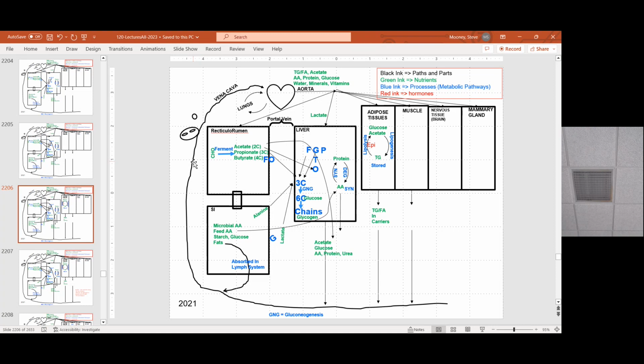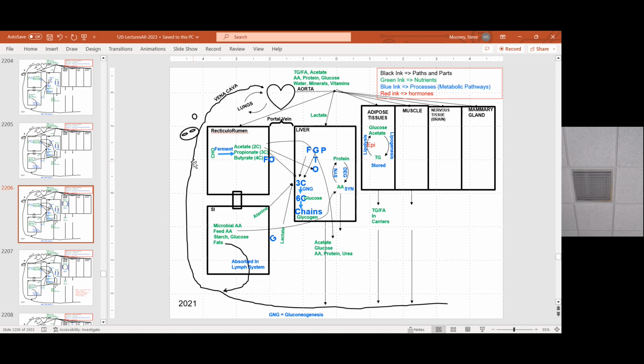So things related to fat tend to be done outside. Most of the fat manufacture in cows is in the adipose tissue or the mammary gland. Liver does very little in ruminants, whereas us humans or pigs or birds, the liver will do a lot of that.